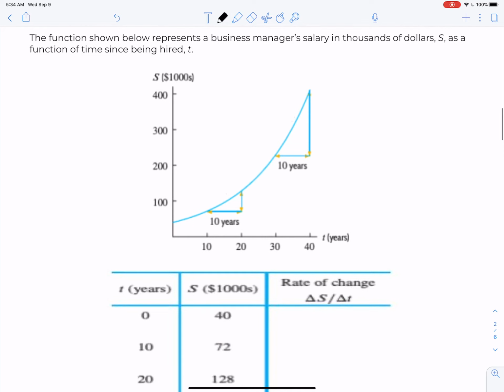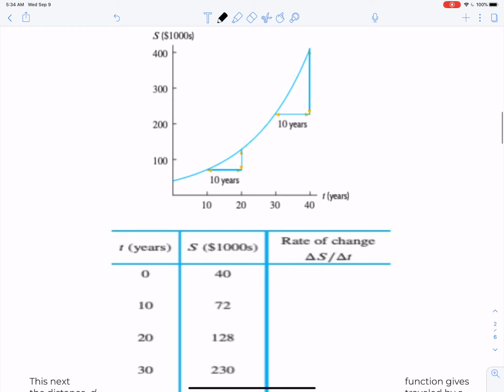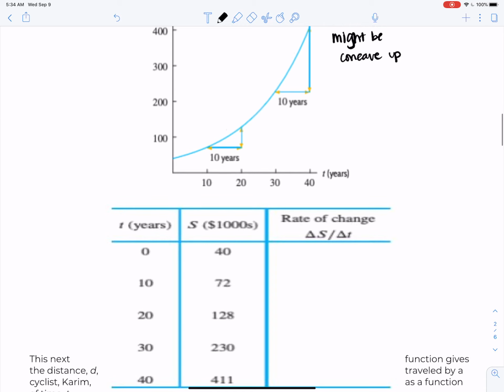Here, in this function, we're looking at a business manager's salary in thousands of dollars as a function of time. And we're given a graph, and from the graph in general, it looks kind of like it's facing up, right? Not facing down. And so we can say this might be concave up. But in order to prove it, we have to look at the function's rate of change.